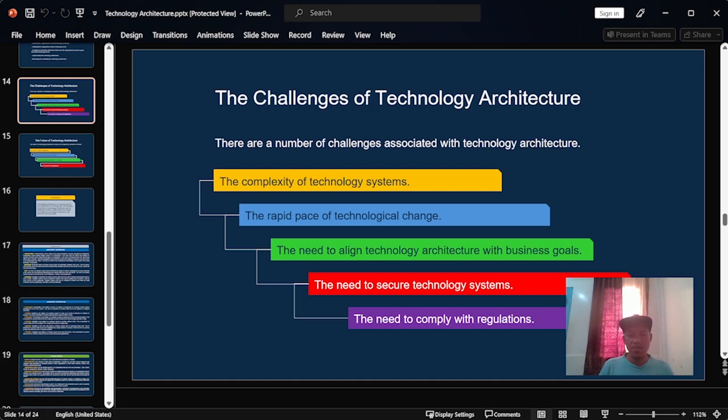The need to secure technology systems. So kailangan secure, gumagamit ka ng security system. The need to comply with regulations. Of course, dapat comply pa rin sa mga regulations.